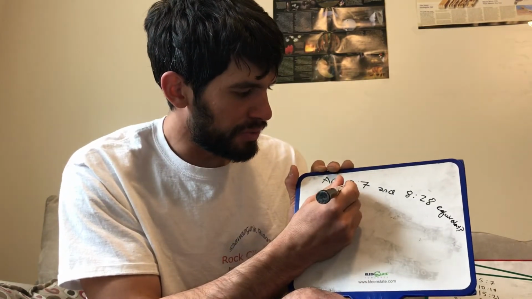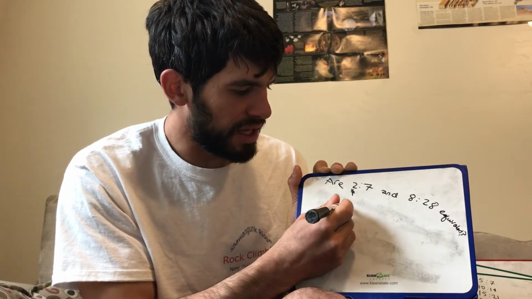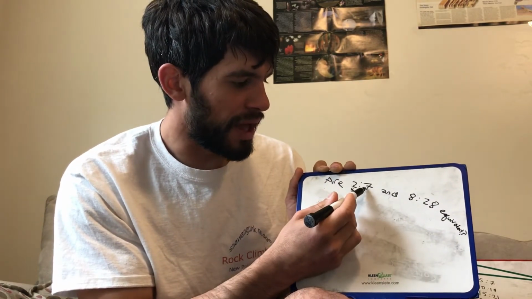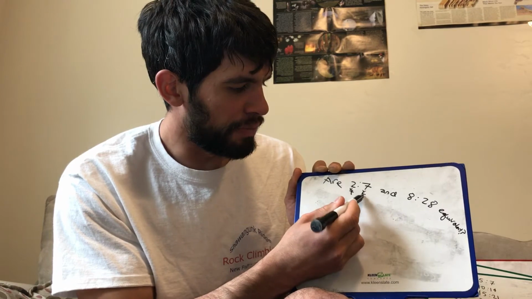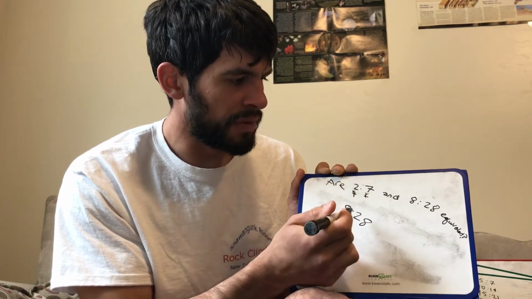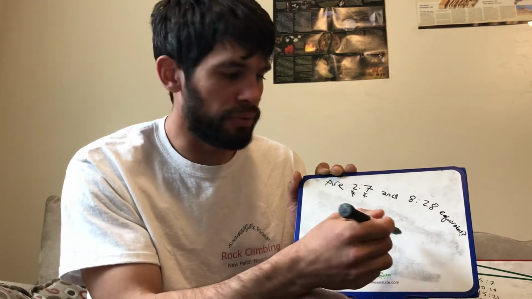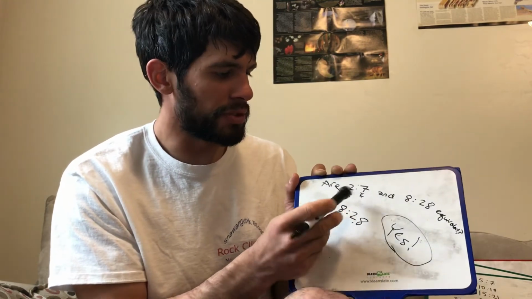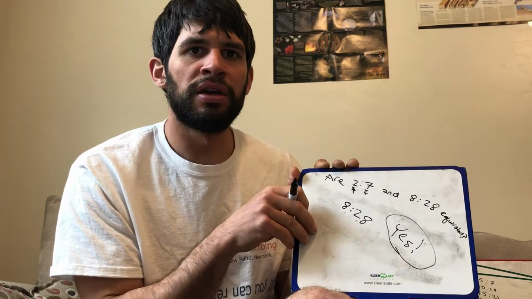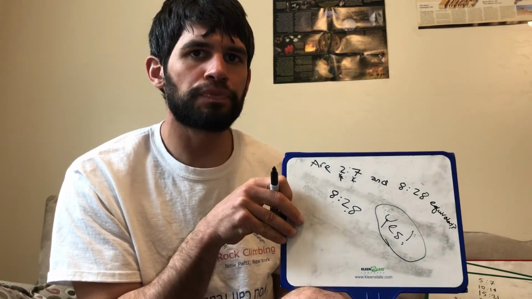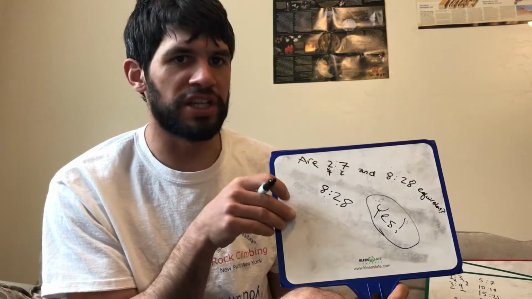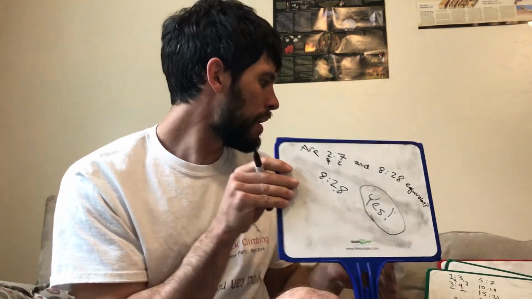So we multiply 2 by 4 and get 8. Similarly, we need to multiply 7 by 4, and we get 28. Since those match up, yes, these are equivalent ratios. So 2 to 7 and 8 to 28 refer to the same thing. That is how you figure out if ratios are equivalent.